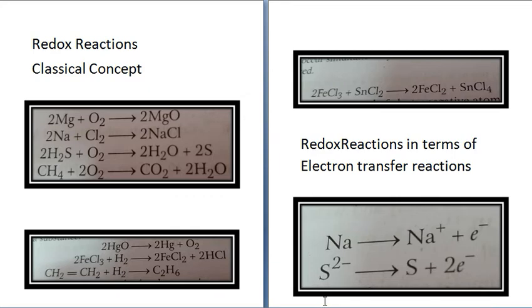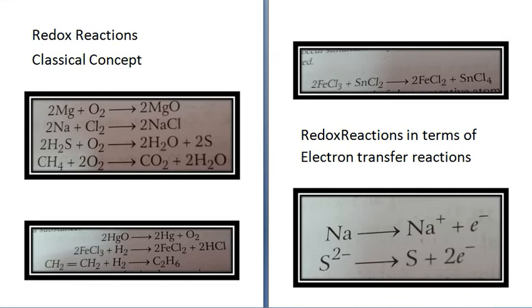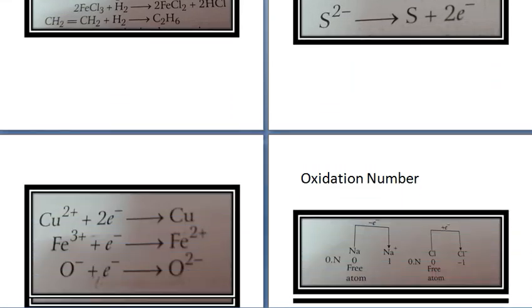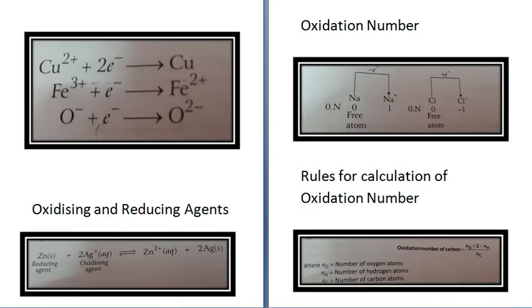Now, in terms of electron transfer reactions, oxidation is the process in which electrons are lost by an atom or molecule. Therefore, it is also called as de-electronation. Like sodium, when it loses an electron, it forms Na plus plus 1 electron.